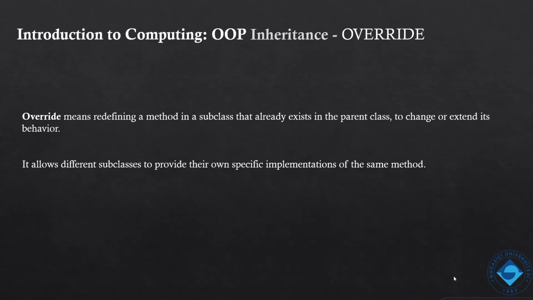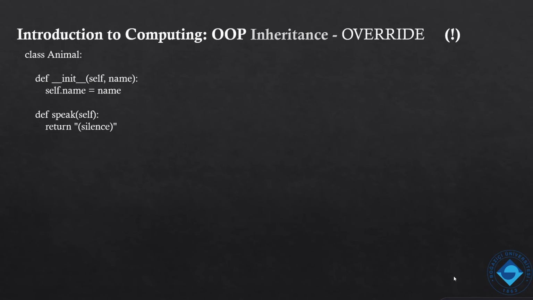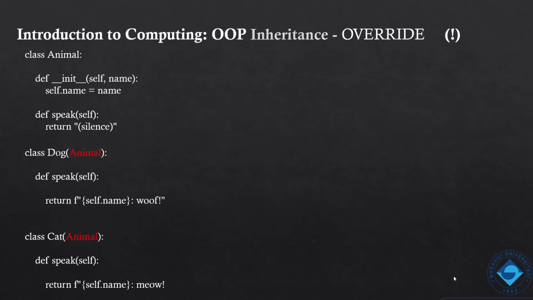Also, we have overrides in object-oriented programming. It means redefining a method in a subclass that already exists in the parent class to change or extend its behavior, right? And it allows different subclasses to provide their own specific implementations of the same method. To understand better, again, I will give an example. Again, same example.